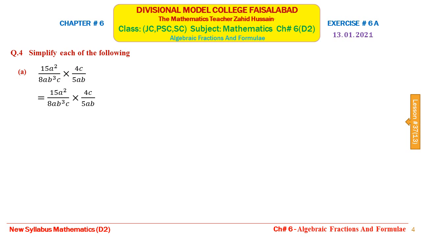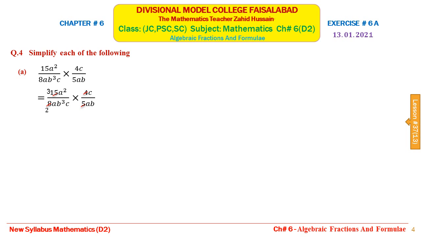To multiply these two fractions, we will first cancel out the common factors. Now the 15 can be cancelled with this 5, 4 will be cancelled with this, 8 will be cancelled with this 4. So this is 4, 5 ones are 5, 5 threes are 15, 4 ones are 4, 4 twos are 8.